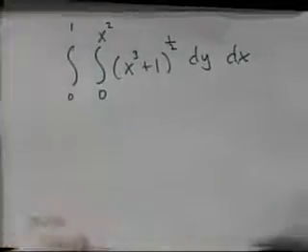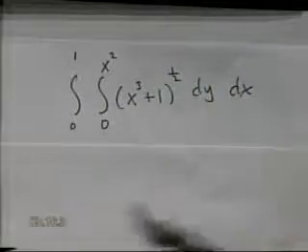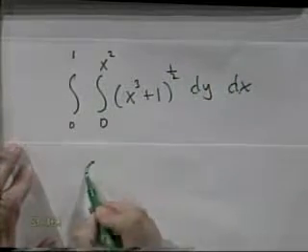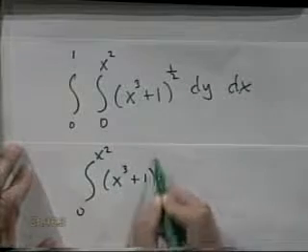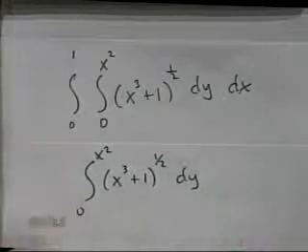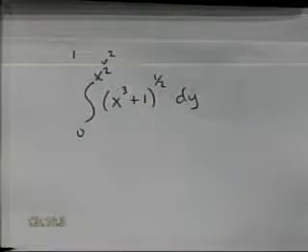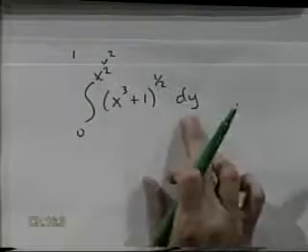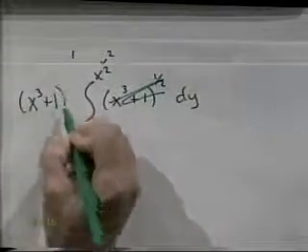Now let me have it hit home why this is better. When you do this inner integral, what is x cubed plus 1 to the 1/2? A constant. You're integrating with respect to y. You can put that out here if you wanted to.